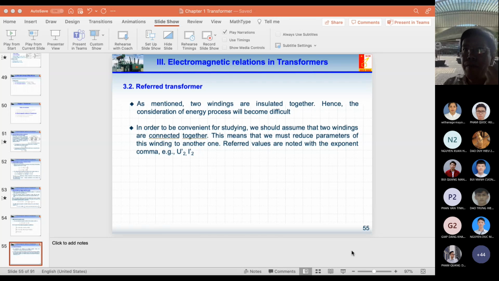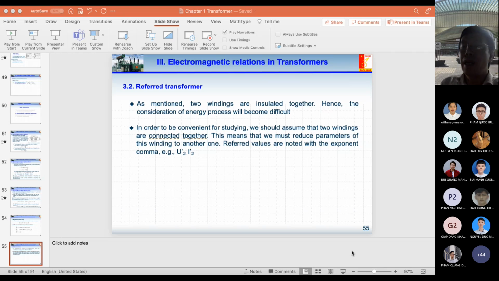Now if you want to get the relation between the two windings, how to get it? Because even if we apply the voltage in the primary winding, in the secondary winding we also get voltage thanks to the distribution of magnetic field in the magnetic circuit. For that, the input energy converts from the primary winding to the secondary winding.